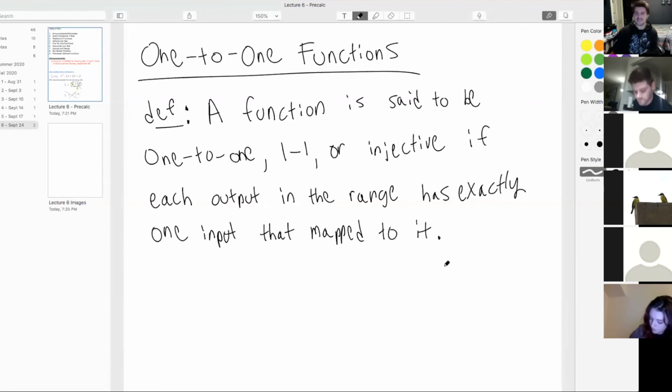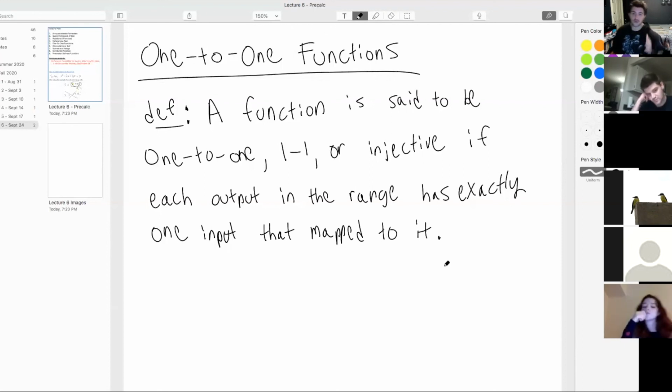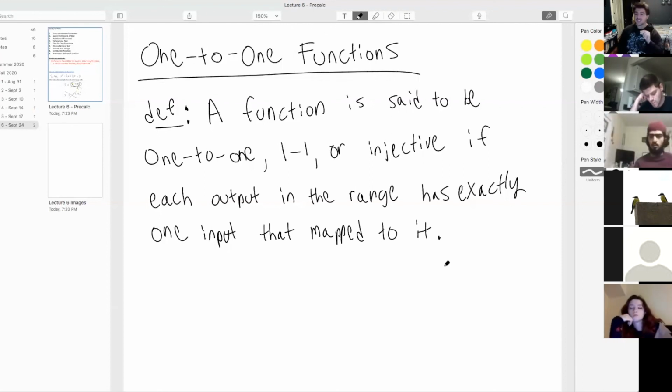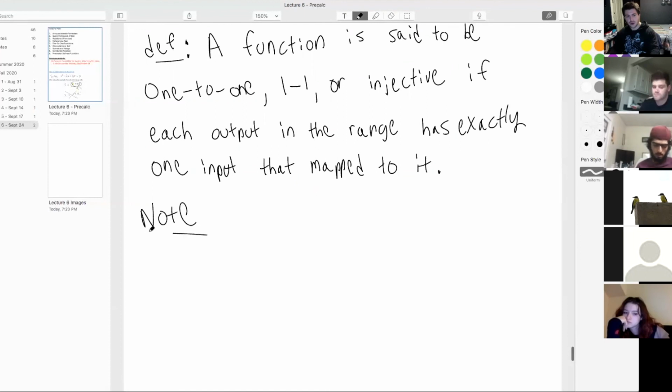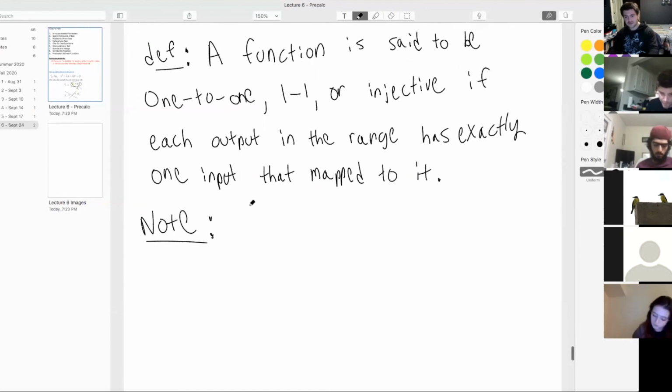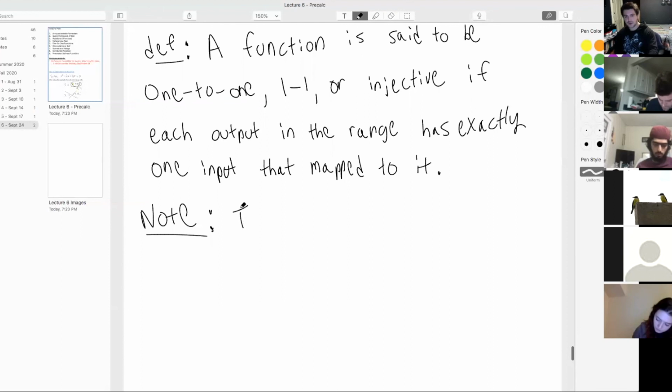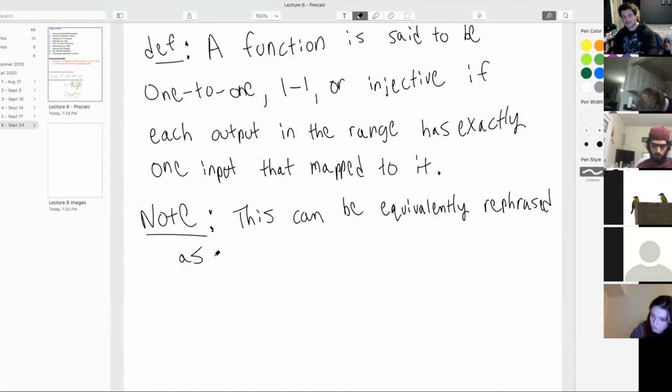So a function is one-to-one if each output just had one input that got mapped to it. All right, there are other ways of saying this, if that was a little confusing. So this can be equivalently rephrased as such. Okay, so there's three.